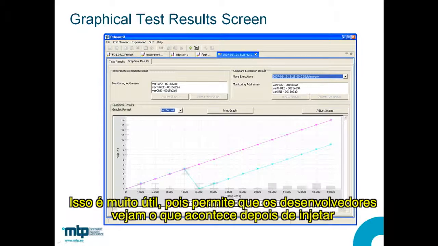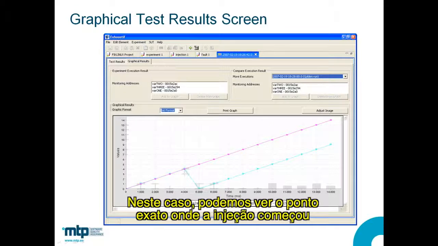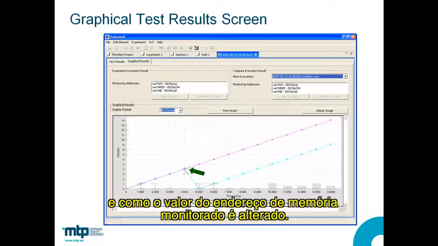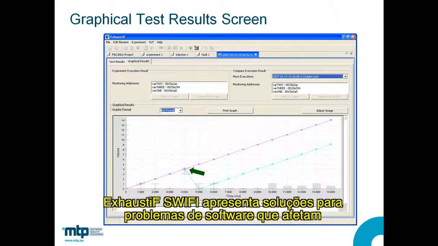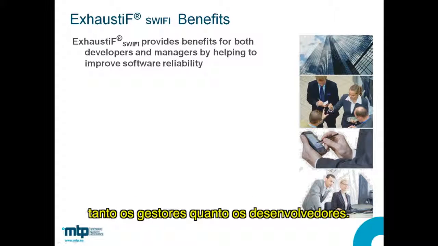This is very useful because it allows the developers to see what happens after injecting the fault in relation to the same execution without an injection. In this case, we can see the exact point where the injection began and how the value of the monitored memory address changed.